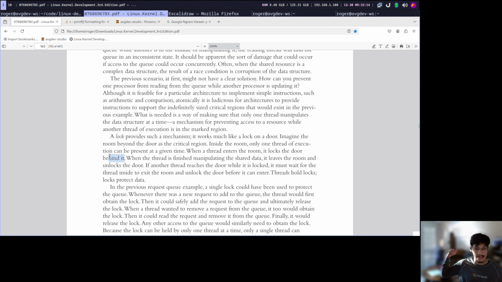So now it has a key, it's inside the room, and it locks the door so no one else can come in. When the thread is finished manipulating the shared data, it leaves the room and unlocks the door. If another thread reaches the door while it is locked, it must wait for the thread inside to exit the room and unlock the door before it can enter.